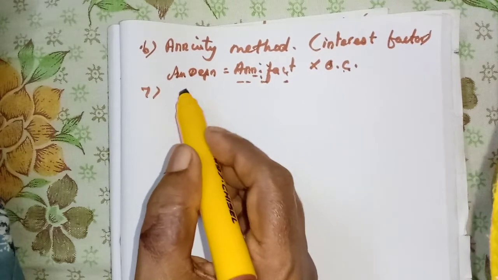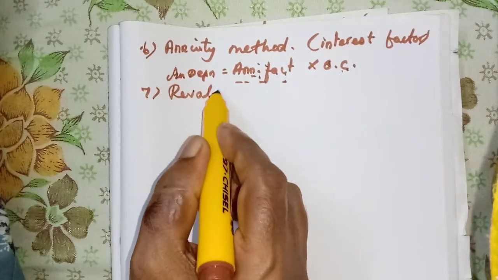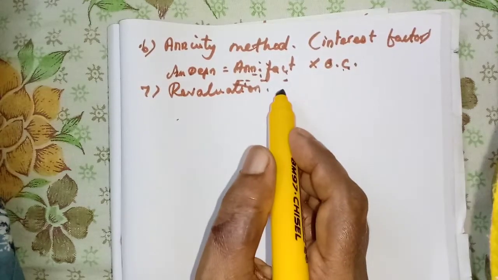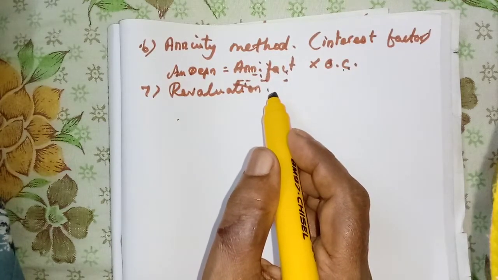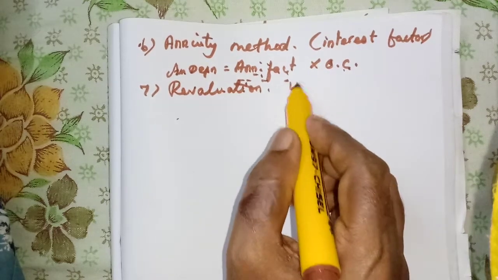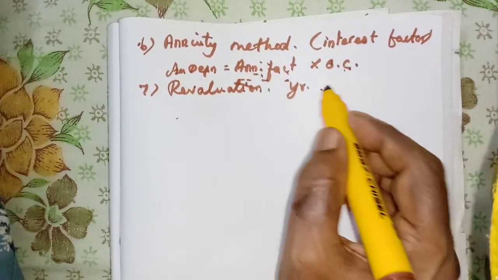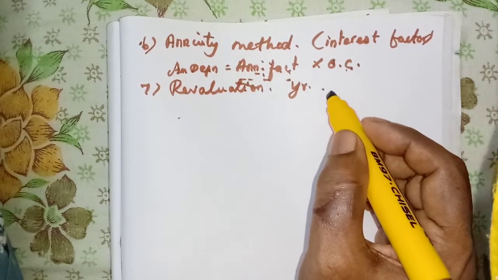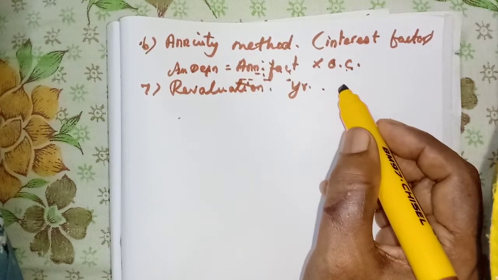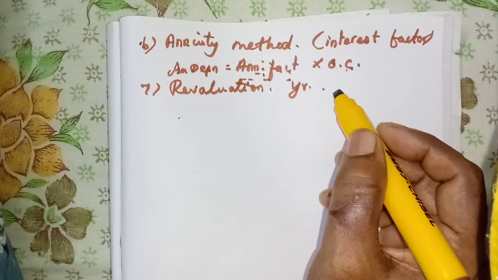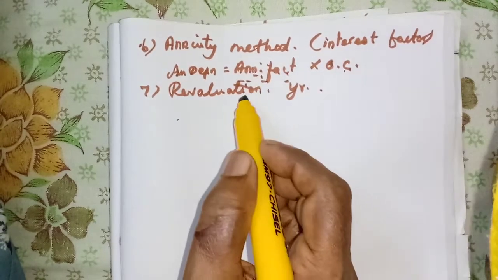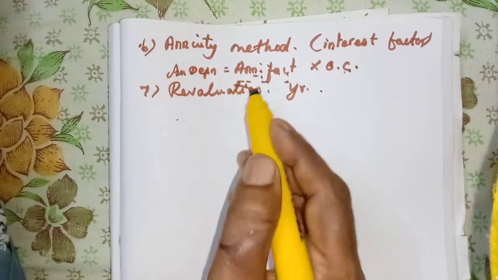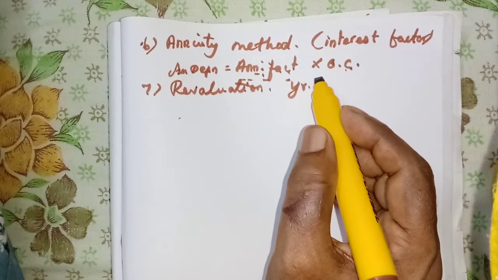Okay. Then the revaluation method. They will value the assets every year, at the beginning and at the end. So they will compare the values, since the value will get reduced, isn't it? The value of the closing asset against the opening asset will be the depreciation.